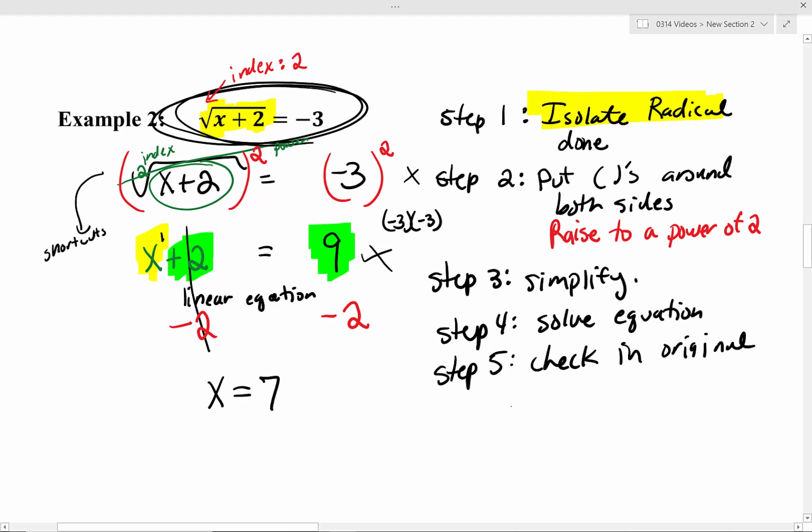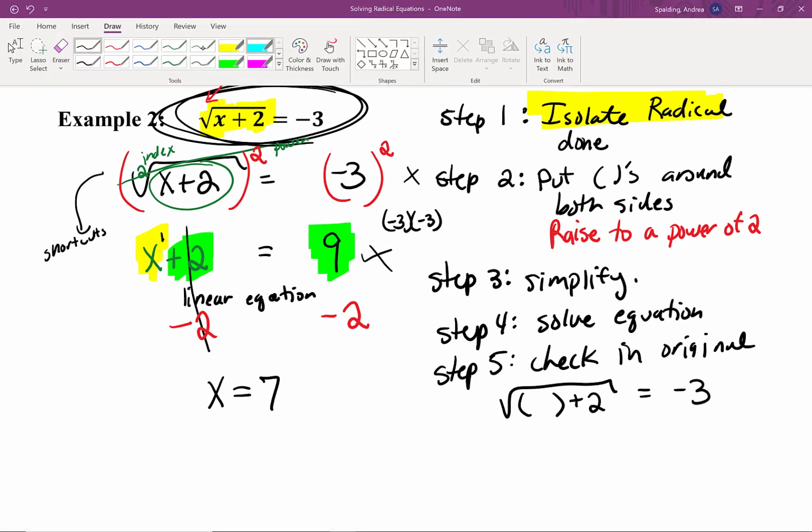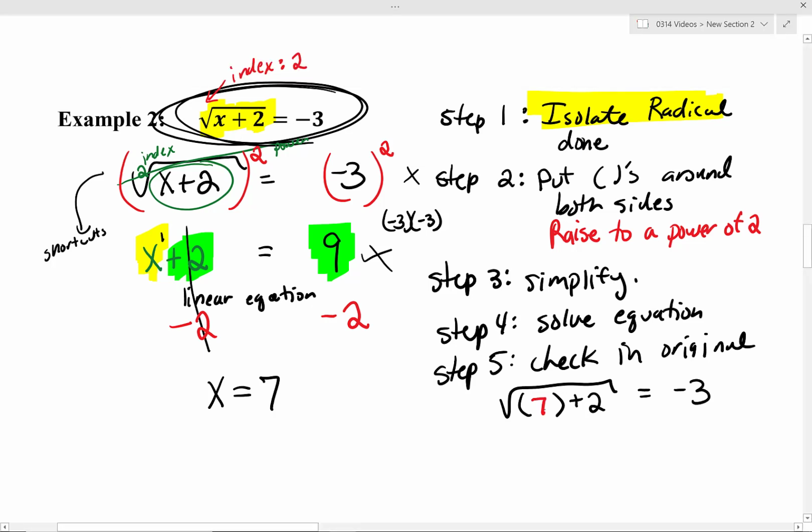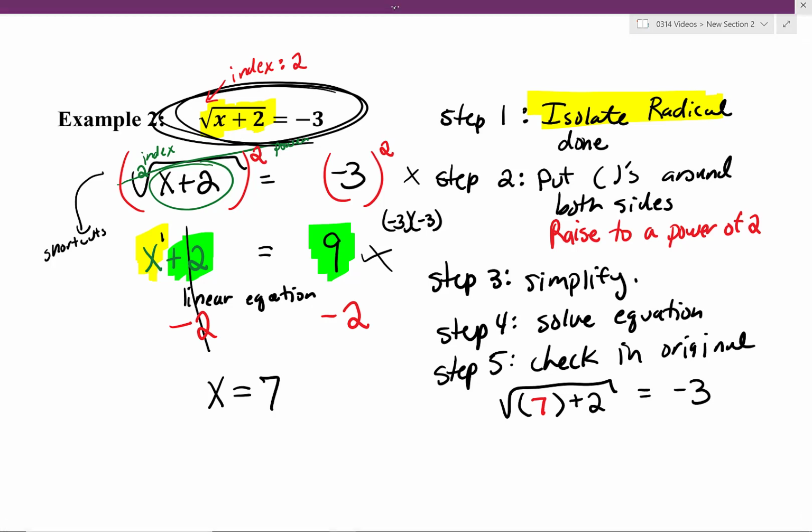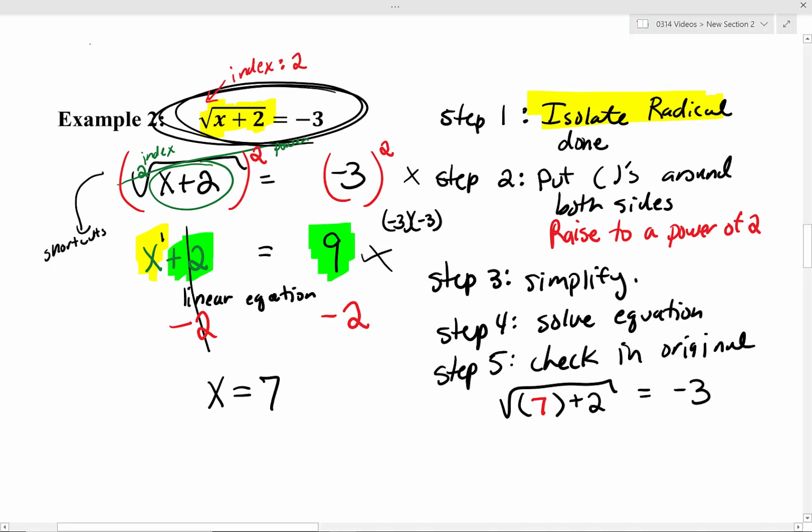So let's check this 7. I'm going to write down the square root, and we're going to put parentheses everywhere we see an x. Square root of x plus 2, so that's going to be parentheses plus 2 underneath. On the right hand side we have a negative 3. So let's check that 7. We need to simplify everything underneath the square root. 7 plus 2, that's 9.